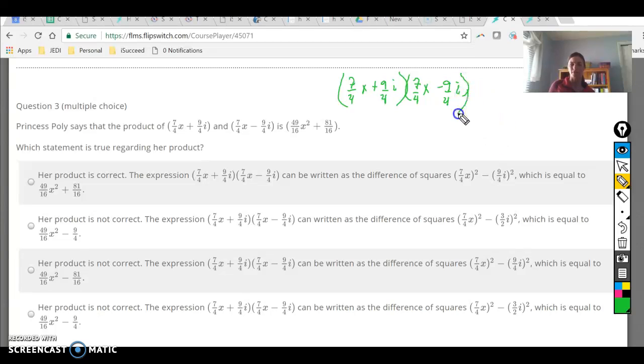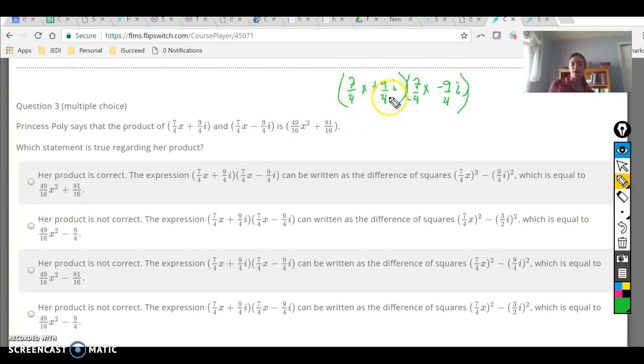Let's use that same ax plus b times ax minus b to get ax squared minus b squared, but let's see where that takes us.